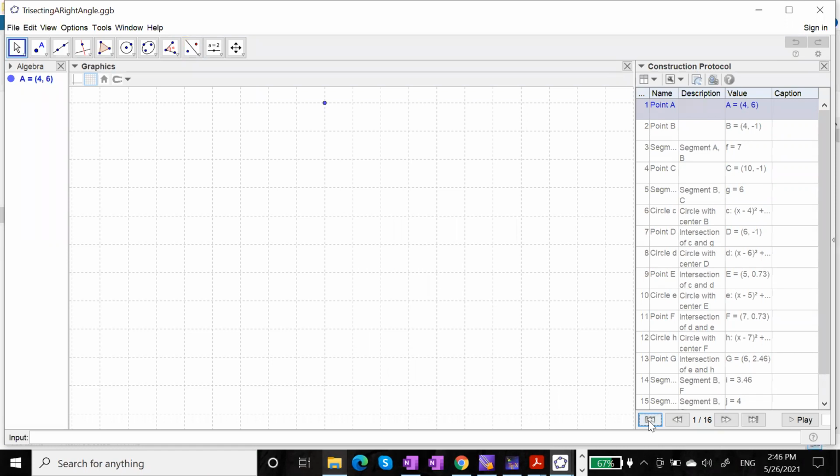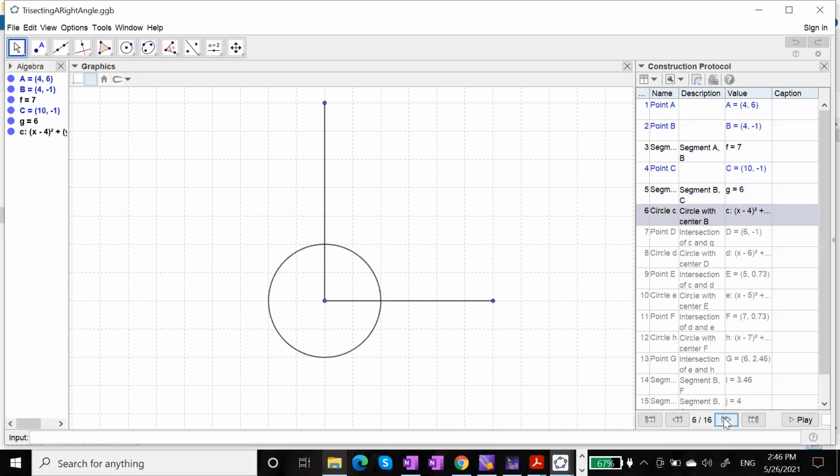Let me give you another way of trisecting a right angle. First of all, draw this right angle, and then take any radius and draw a circle like this, and then mark the intersection point like this one.